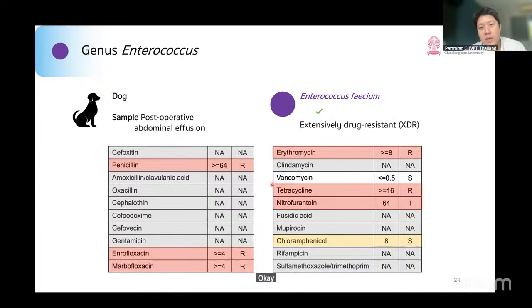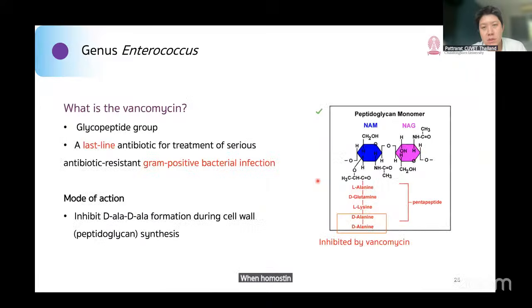Okay, we remember. For chloramphenicol, this is no longer used in human and veterinary medicine because of the toxicities. So in this case, we need last line antimicrobials, vancomycin, for the treatment.